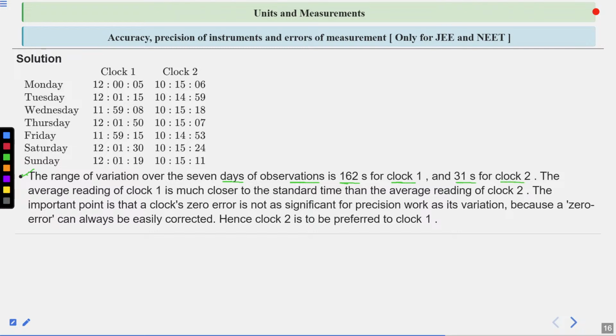The average reading of clock first is much closer to the standard time than the average reading of clock second. The important point is that a clock's zero error is not as significant for precision work as its variation, because a zero error can always be easily corrected. Hence, clock second is to be preferred to clock first.